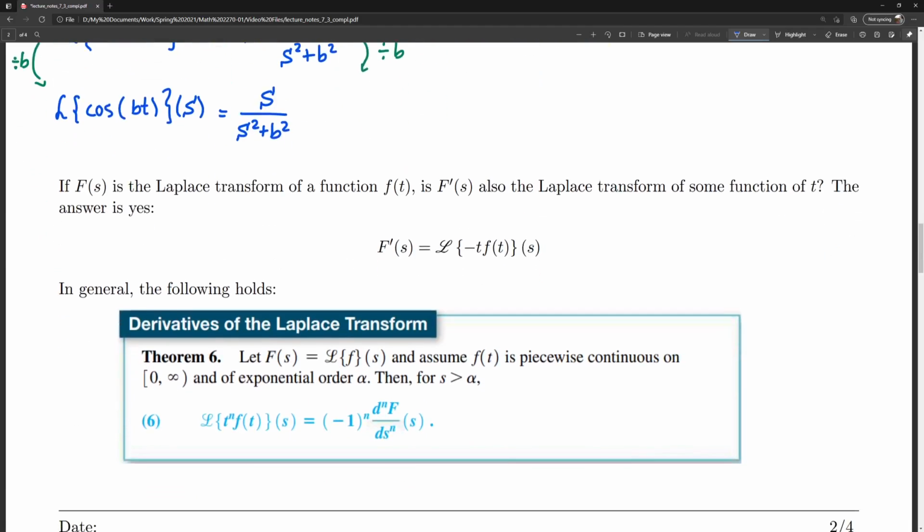And in general, the following holds for higher order derivatives. So if capital F of s is the Laplace transform of some function f, and we assume that f of t is piecewise continuous on the left closed interval from 0 to infinity and of exponential order alpha, then for s greater than alpha, the Laplace transform of t to the power n times f of t is equal to negative 1 to the power n times the nth derivative of capital F of s.